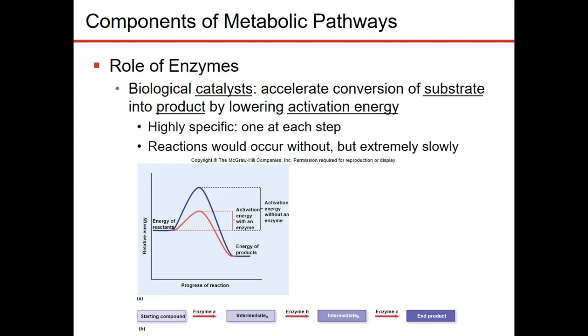So when you're thinking about enzymatic reactions, just assume that all reactions occur with enzymes in a cell. Outside of cells, reactions occur sometimes with enzymes and sometimes without enzymes. But in our cells, in general, all reactions occur through enzymatic activity.